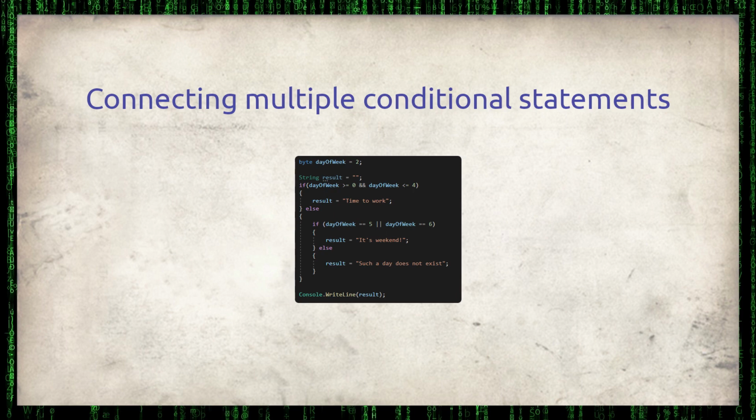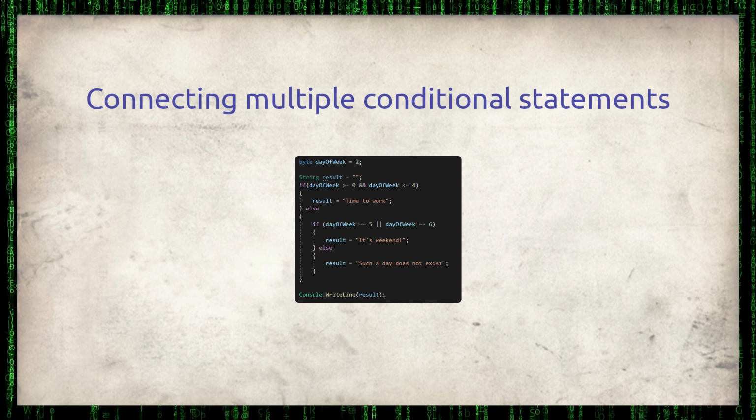Now, different to and statements, where all of them anded together must evaluate to true, with an or statement only one needs to be true. So in our case, day of week is 5, so we don't worry about the or day of week equals 6, because we've already succeeded on day equals 5.